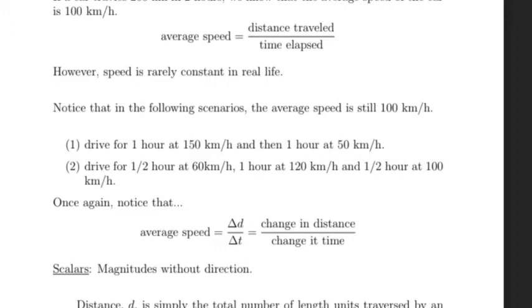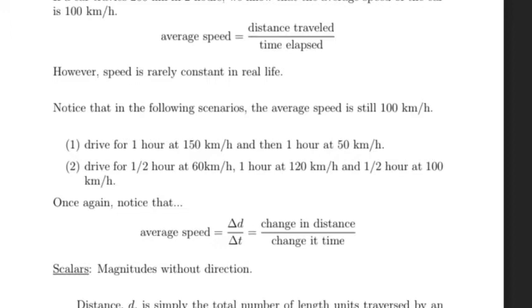That still averages out to 100 kilometers an hour. Or you could drive for half an hour at 60 kilometers an hour, and then an hour at 120. Still speeding a bit there, but not nearly so bad. And then you could go for half an hour at 100 kilometers an hour. And once again, we're getting an average of 100 kilometers per hour.